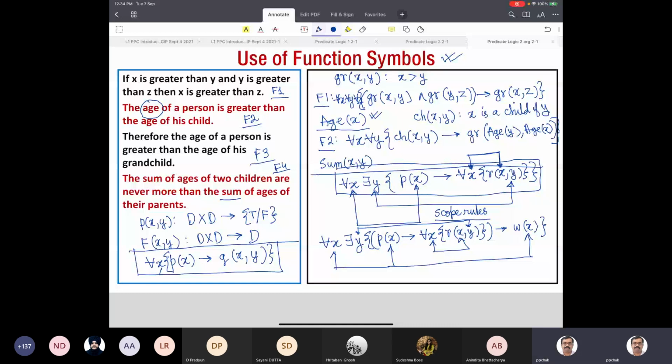What about y? What does y correspond to here? Anybody? Any y. Love Singh, are you there? Yes, sir. What does this y correspond to?